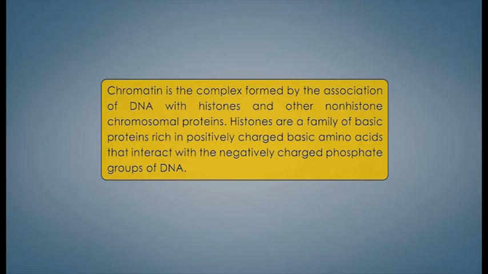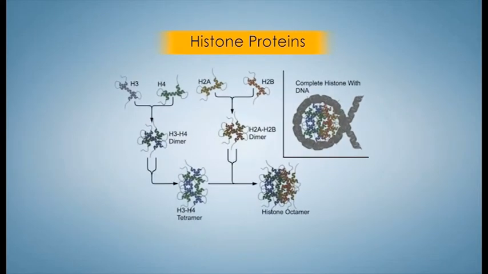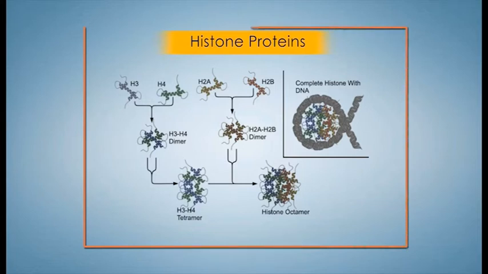Histones are a family of basic proteins rich in positively charged basic amino acids that interact with the negatively charged phosphate groups of DNA. Five major types of histone proteins, namely H1, H2A, H2B, H3 and H4, are present in association with eukaryotic DNA in all eukaryotic nuclei.